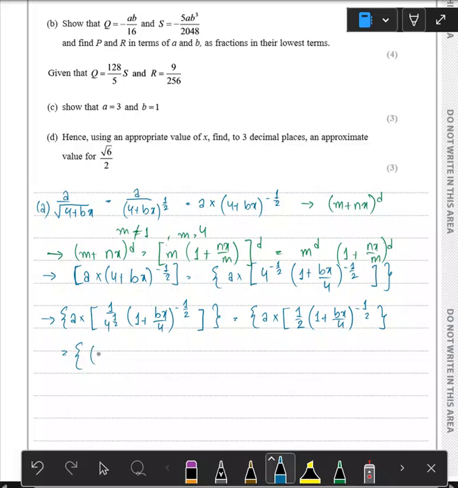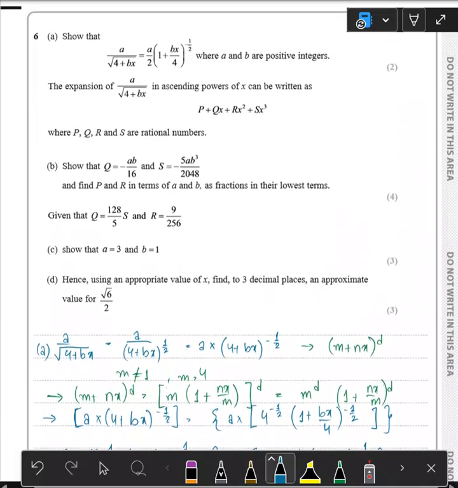If I multiply A by half and then 1 plus bx by 4 to the power negative half, then this can be further written as, let me use the other bracket here, a by 2 bracket 1 plus bx by 4 to the power of this.